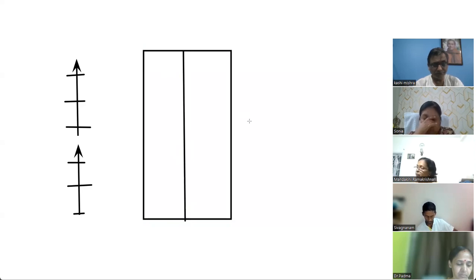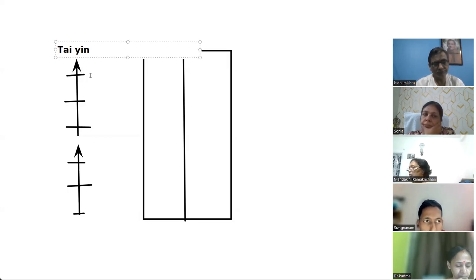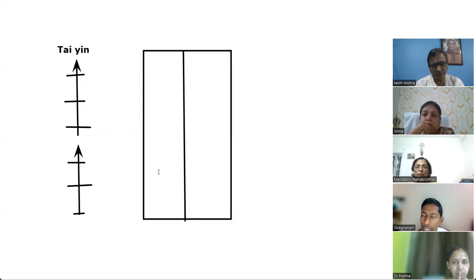So let us see. In opposite flow, what is the wind point in tie-in? Suppose there is tie-in. But instead of point, can you fill with only energy so that the point can be mapped later? You can do it at your place.